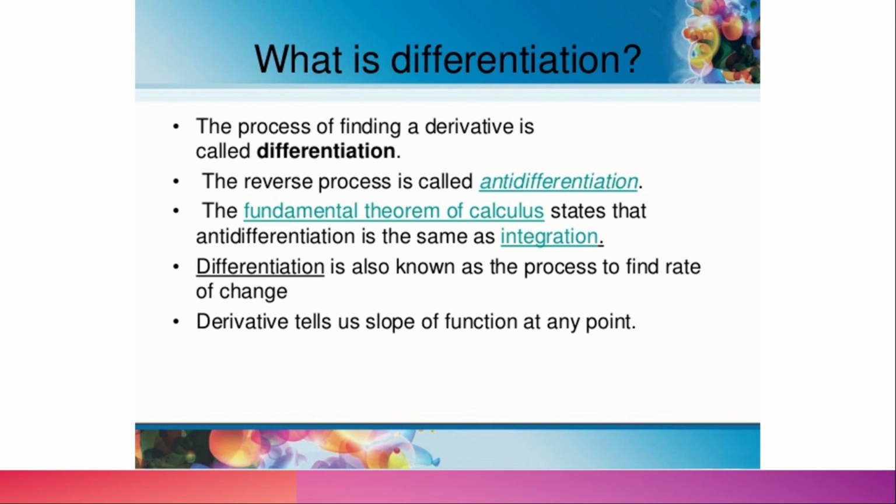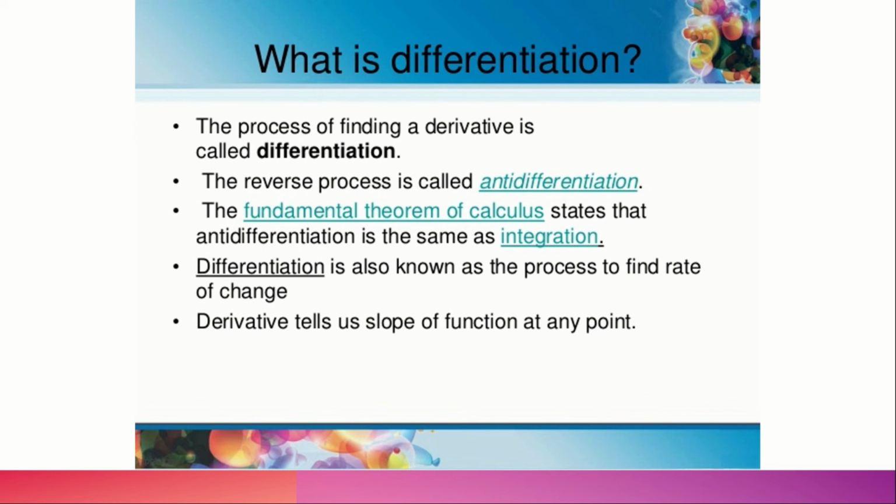So what is differentiation? The process of finding that particular derivative is said to be differentiation. The reverse process of differentiation is anti-differentiation. The fundamental theorem of calculus states that anti-differentiation is the same as integration. Differentiation is also known as a process to find the rate of change with respect to time.